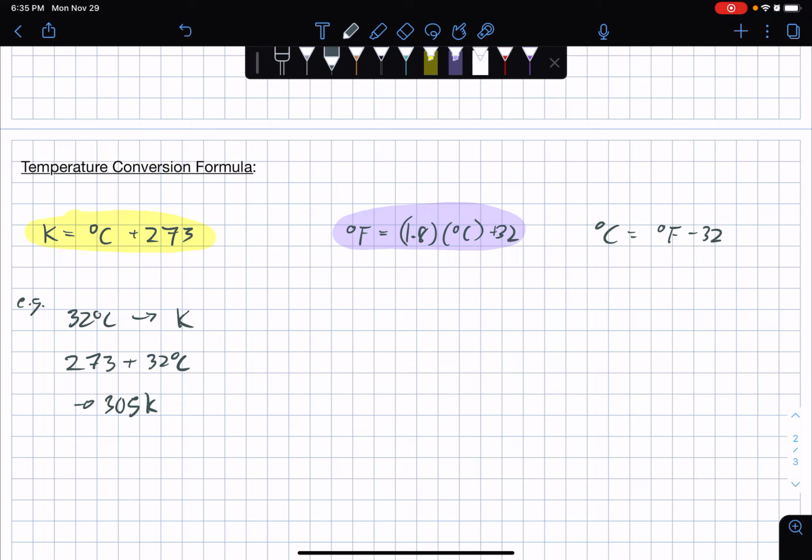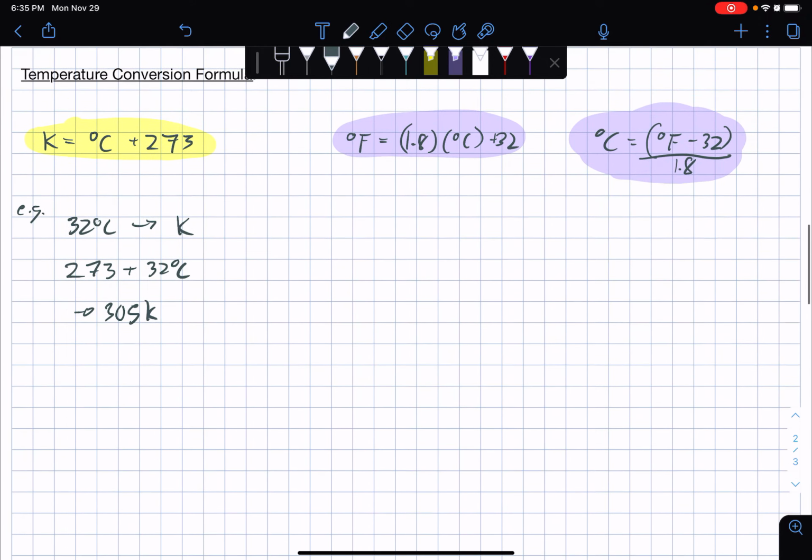So degrees Fahrenheit minus 32 divided by 1.8. We'll use it as a fraction. 1.8 will be our denominator. So it's really up to you in terms of how you want to memorize this. But I suggest you find the easiest way possible.